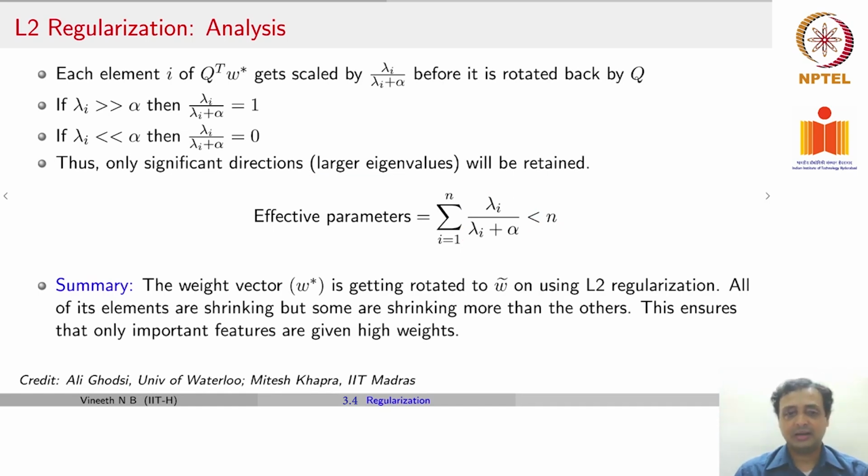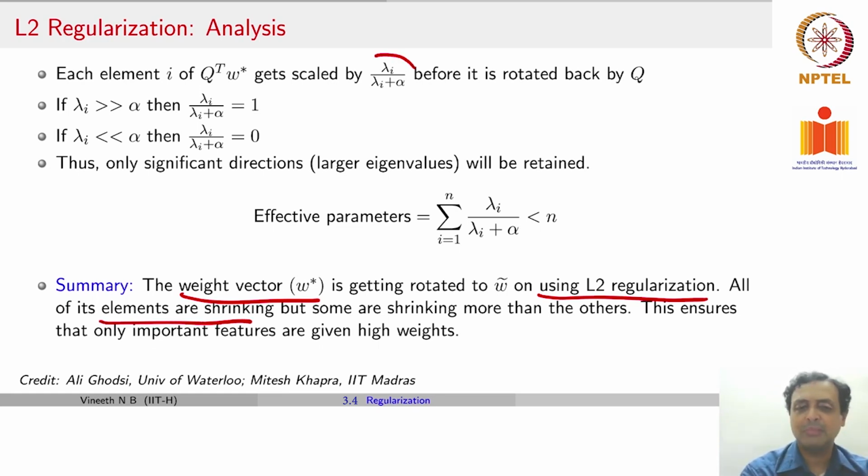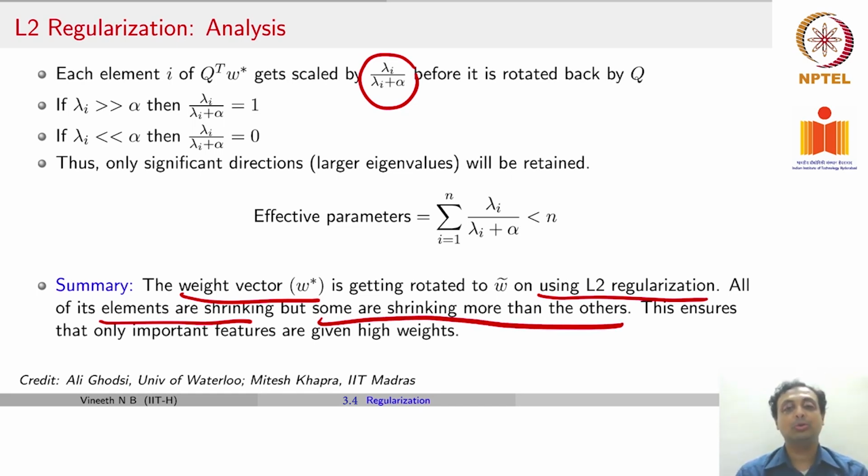The summary here is that your original solution W star is getting rotated to W tilde when you do L2 regularization. All of its elements shrink. Why so? Because lambda I by lambda I plus alpha is always less than 1 as long as alpha is a non-zero value, which means all of its elements are shrinking, but some are shrinking more than others depending on those eigenvalues lambda.